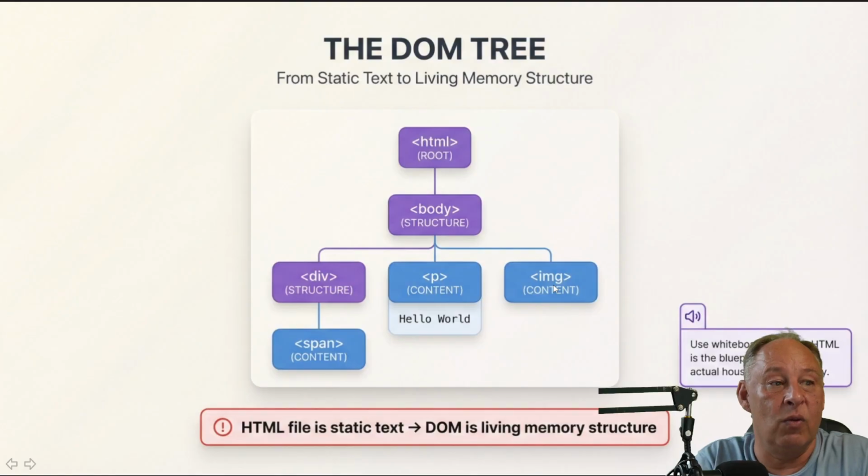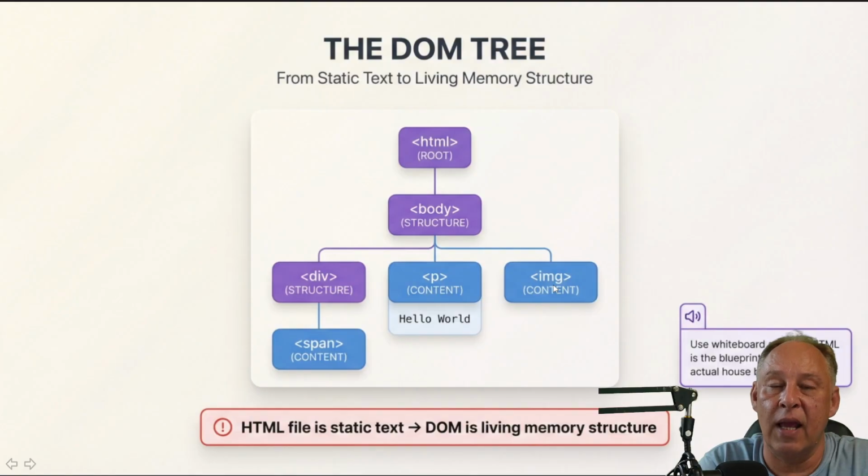So you will work with the DOM tree a bit, as long as you understand that what you see on your screen comes from a memory structure that's called a DOM tree.